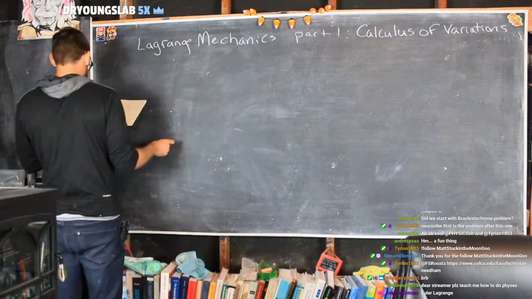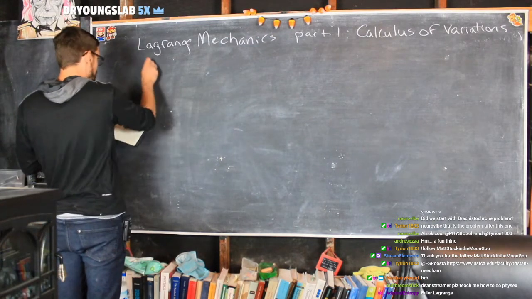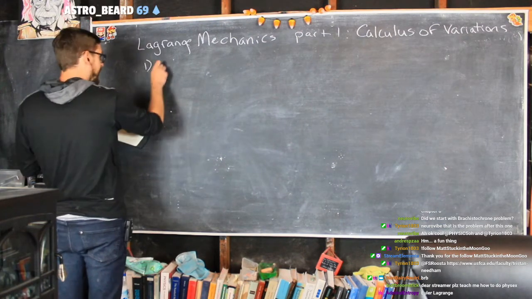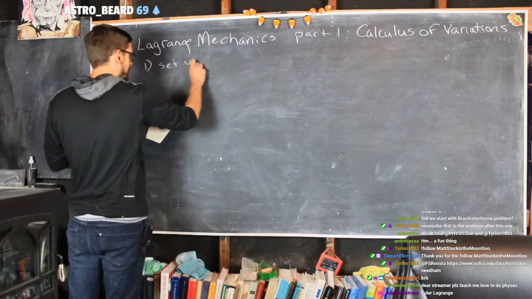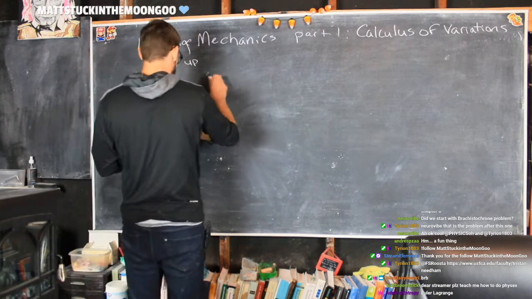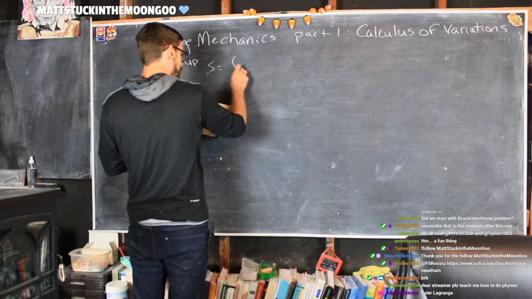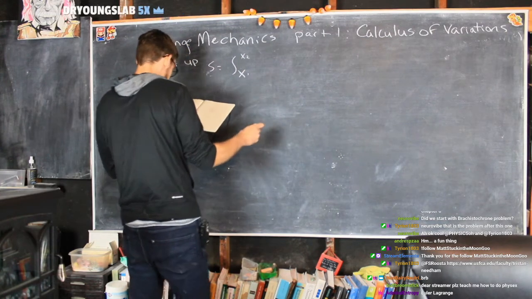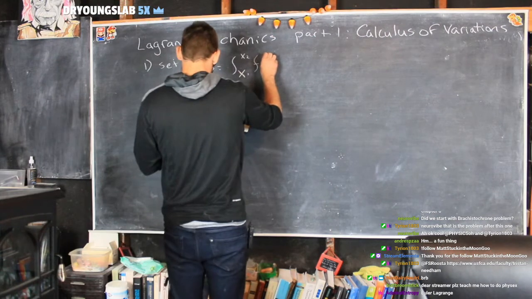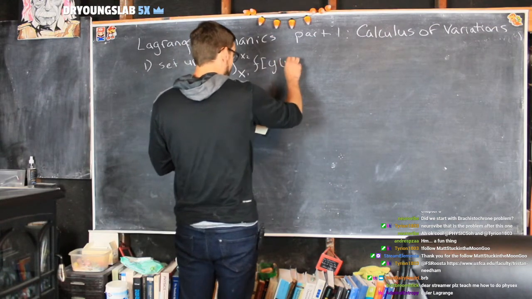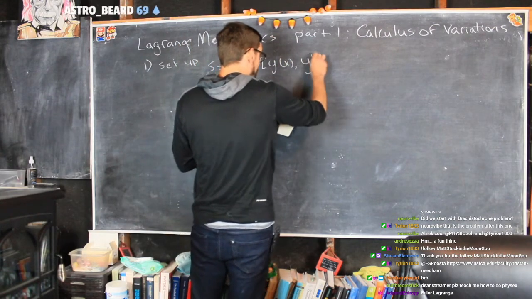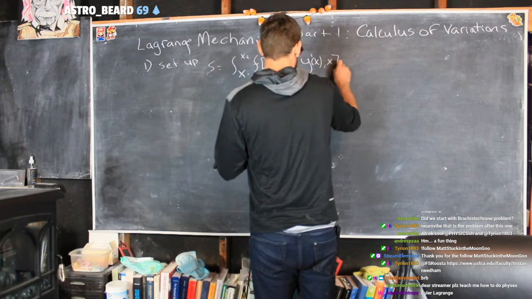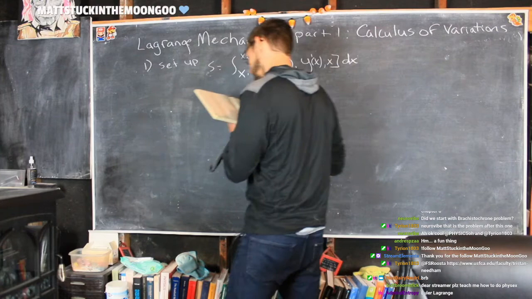And the prescription is: 1. Set up the problem so that we get this integral. S is equal to the integral from x1 to x2 of f, the function of y of x, y prime of x, and x dx. 2.